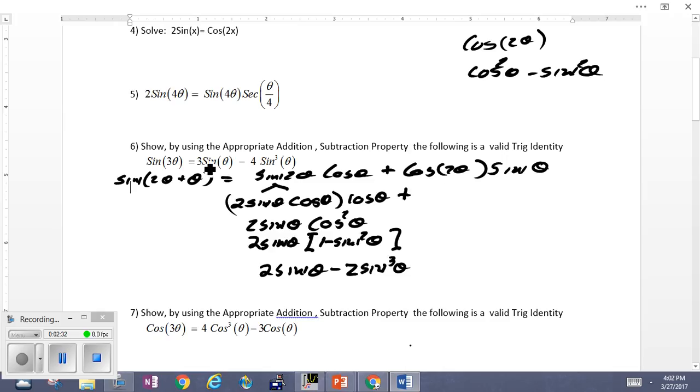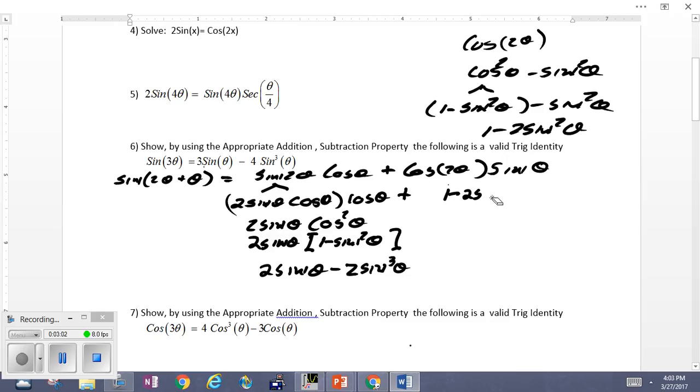And owing to the fact that this answer needs to be in terms of sine, I'm going to retag this as 1 minus the sine squared of theta minus the sine squared of theta, which is 1 minus 2 sine squared of theta, that other name for the cosine double angle.